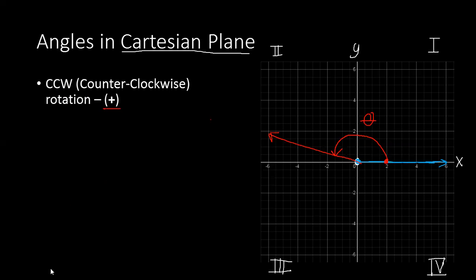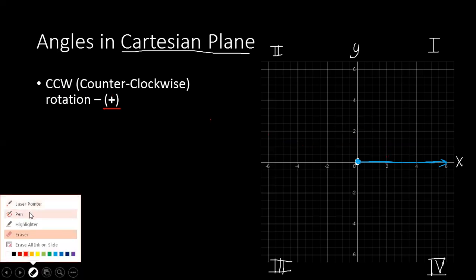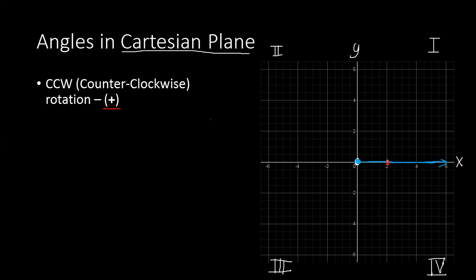Now, what if it's in reverse? Instead of counterclockwise, it is a clockwise rotation. Starting from here, going there. If it rotates in a clockwise rotation, then we will have a negative angle.